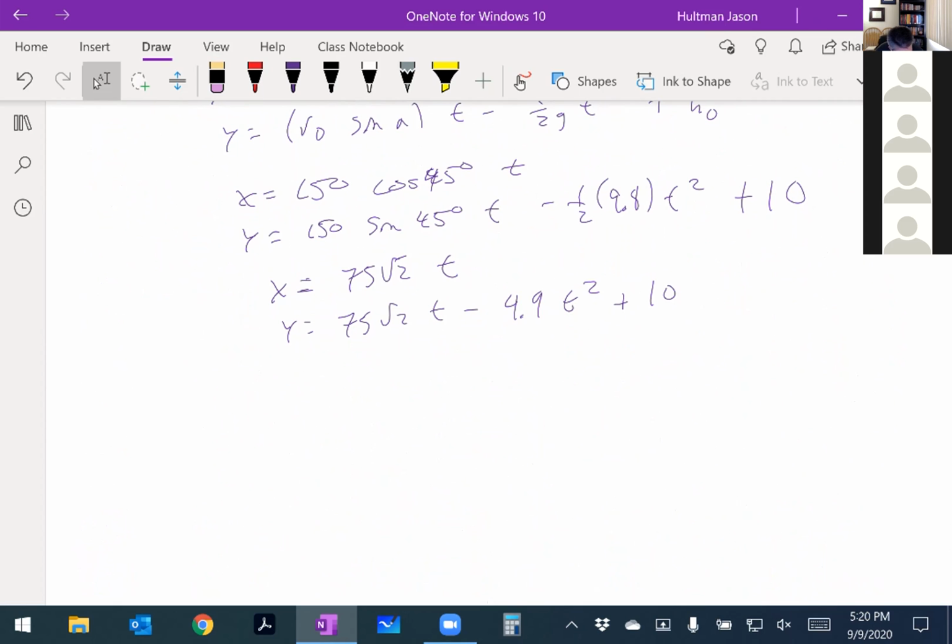Okay, where does the projectile hit the ground, and with what speed? We know that we have a parabolic arc, and the height of the parabolic arc there is the vertex.